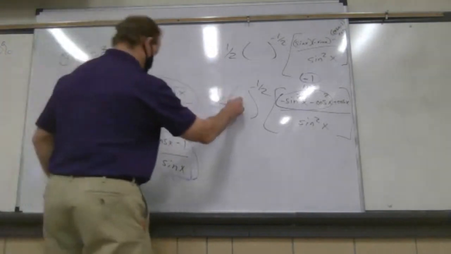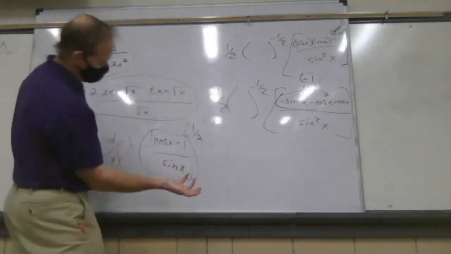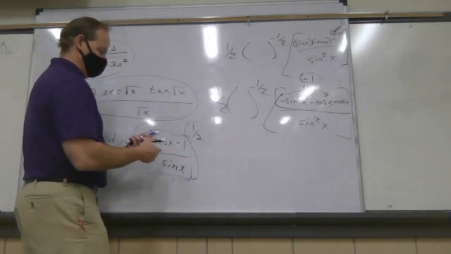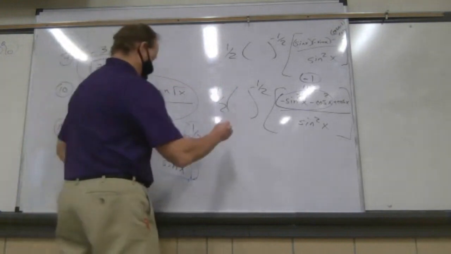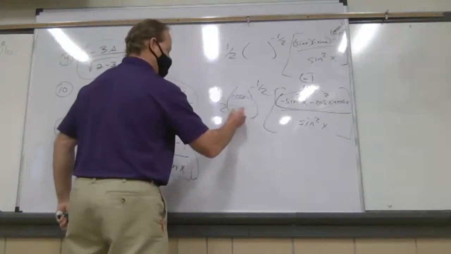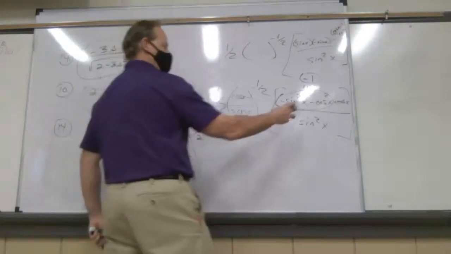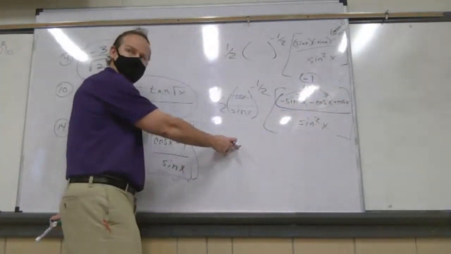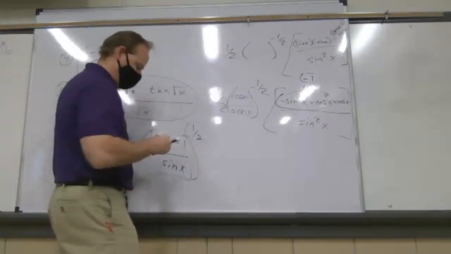Well, that's to the minus 1/2, which is 1 over that to the positive 1/2. So anyway, this is cosine x minus 1, and then this is sine x. And what I end up with is a cosine x minus 1 on top, but this is going to be on the bottom to the plus 1/2 power, right?